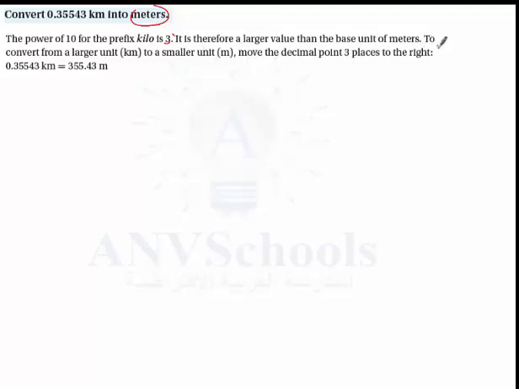So to convert from a larger unit, kilometer, to a smaller unit, meter, move the decimal point 3 places right. So this is opposite now. We will move it right, 1, 2, 3, and that is where our decimal place will be, and this will be meters.